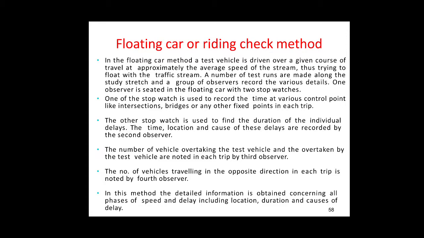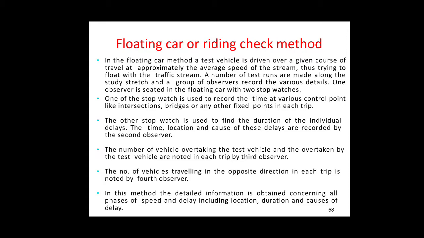Then the number of vehicles overtaking the test vehicle and the number of vehicles overtaken by the test vehicle are noted in each trip by the third observer. The number of vehicles traveling in the opposite direction in each trip is noted by the fourth observer.